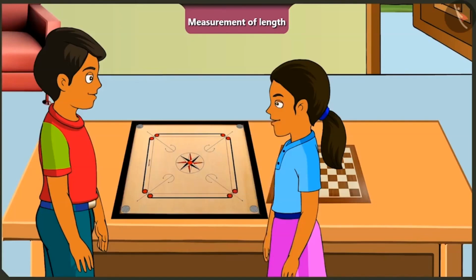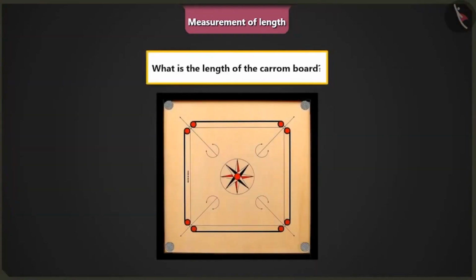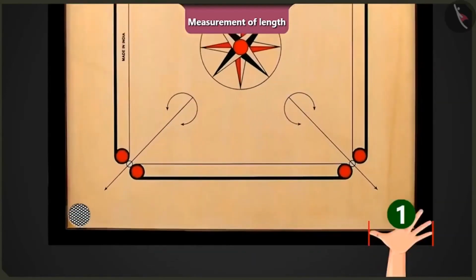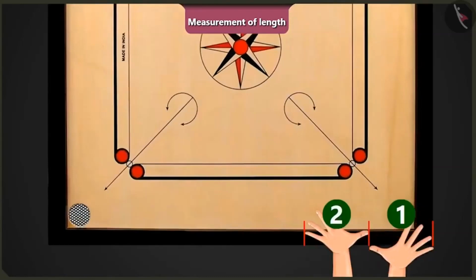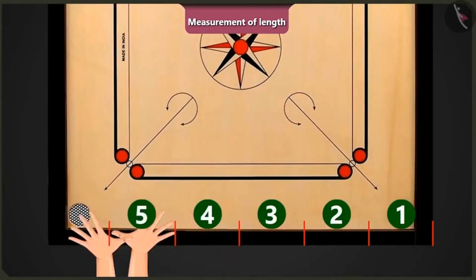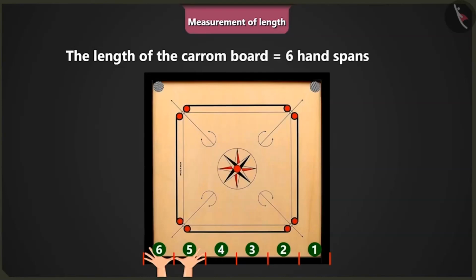Okay then, tell me, what is the length of this carom board? 1, 2, 3, 4, 5 and 6. The length of this carom board is equal to 6 handspans of my palm.